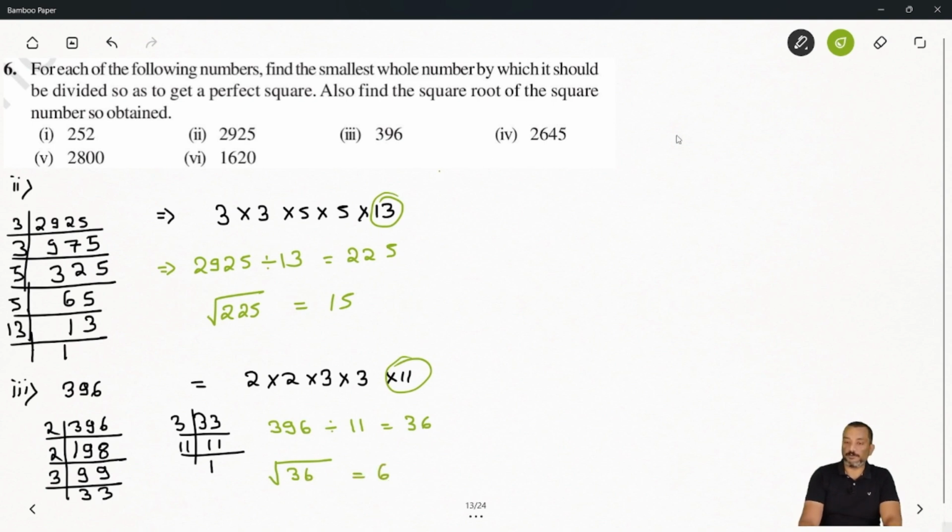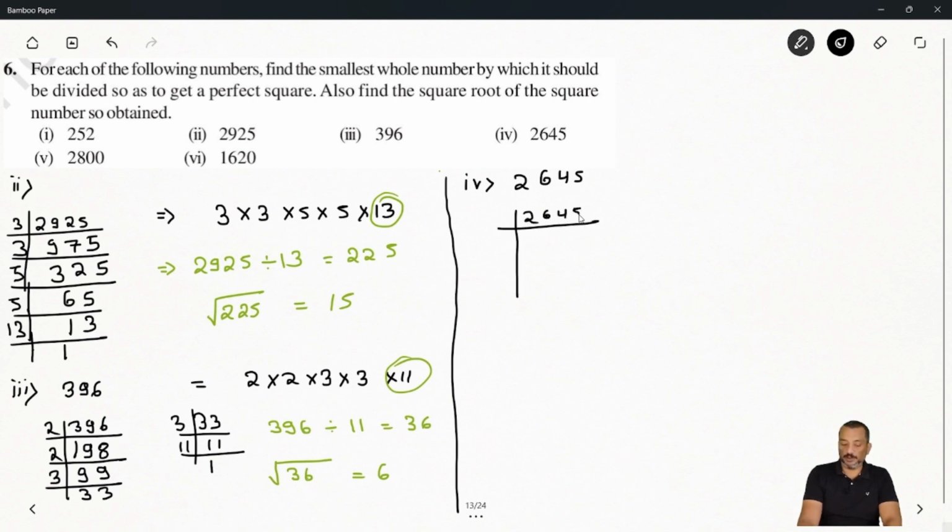In the same way we can do the next question, question number 4. It gives 2645. Here we will do the prime factorization.